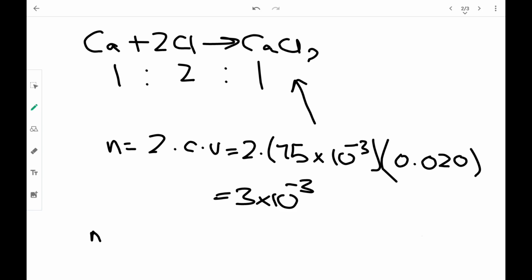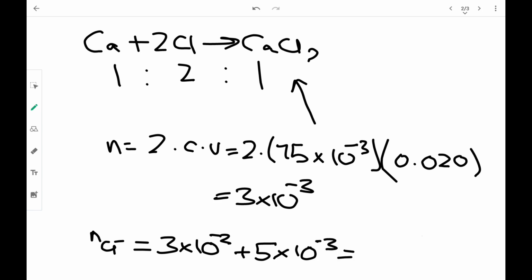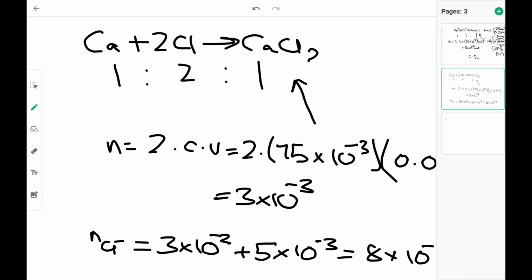So the number of moles of Cl⁻ in total is 3 times 10 to the power of minus 3 plus 5 times 10 to the power of minus 3, which is 8 times 10 to the power of minus 3.